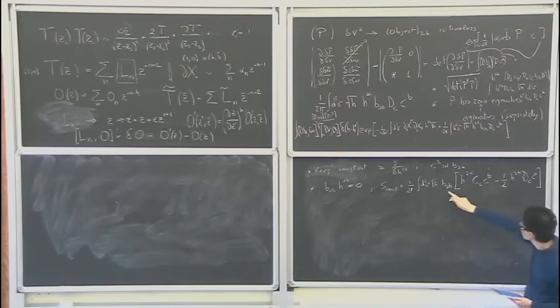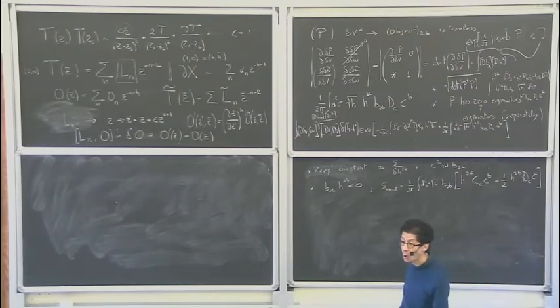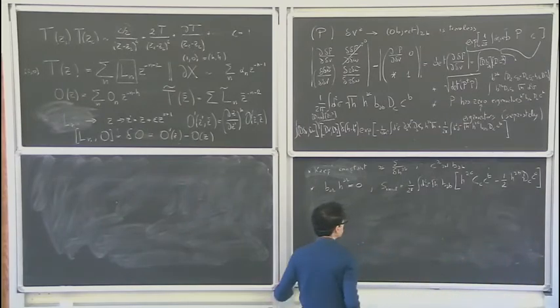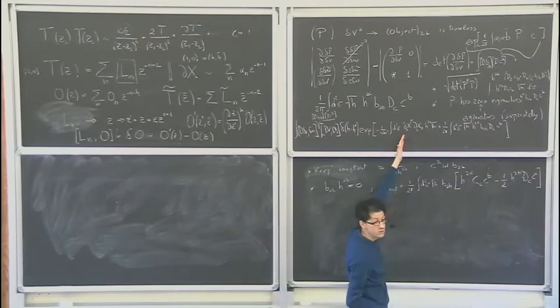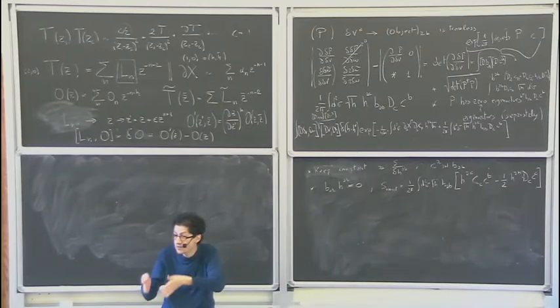But if you don't use that B_AB is traceless, so if you multiply this square parenthesis by a trace, something that is proportional to h^AB, this is automatically 0. So this is a form of the action which is equivalent to this one and allows you to be completely arbitrary. It automatically selects the traceless part.